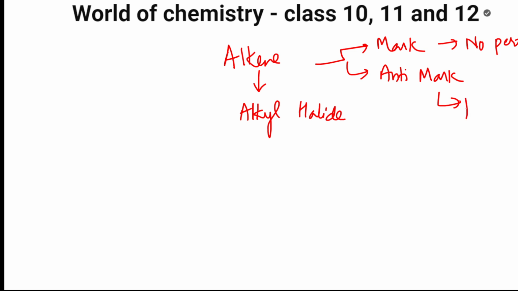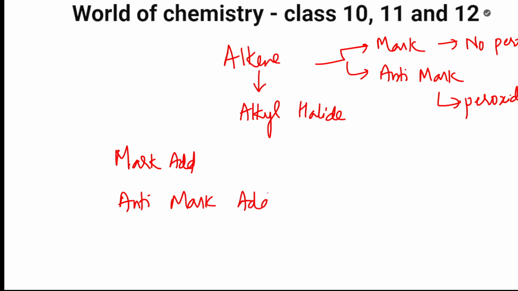In the anti-Markovnikov reaction, you require a peroxide. Whenever you see this question, let it be MCQ or assertion reasoning, there is one order for Markovnikov addition and one more order for anti-Markovnikov addition. So watch the video till the last and we are going to write the order.